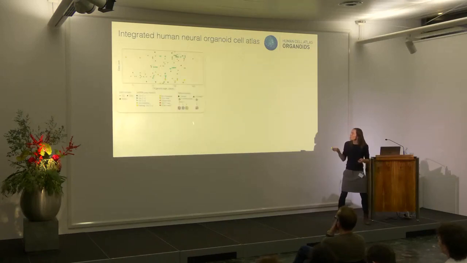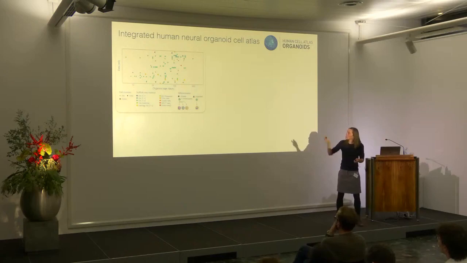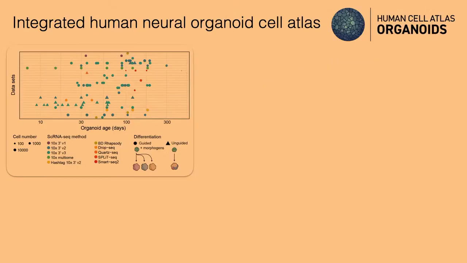And so now here you can see the data. Actually, this already was shown earlier today. The organoid ages really span from the very early 4 days up to 300 days of organoid age. We had all kinds of different single-cell methods: 10x Genomics, BD Rhapsody, homemade Drop-seq, Quad-seq, Split-seq, Smart-seq, so all kinds of different methods.